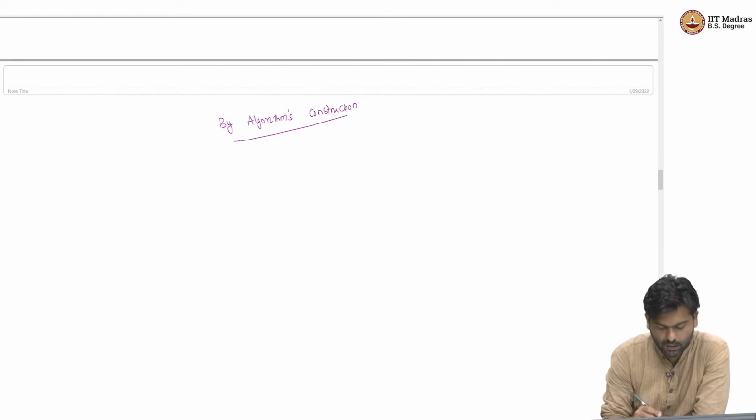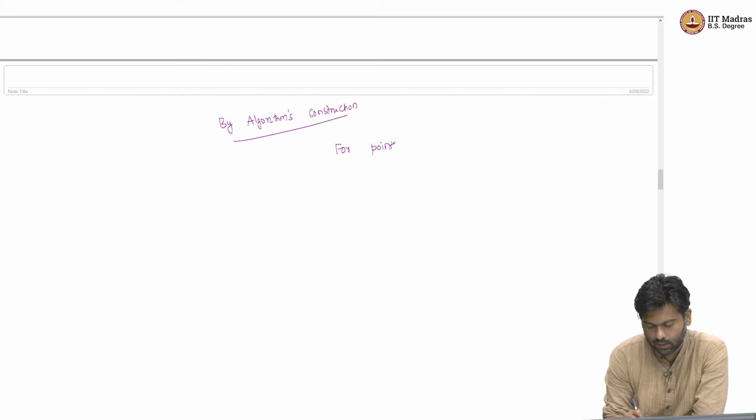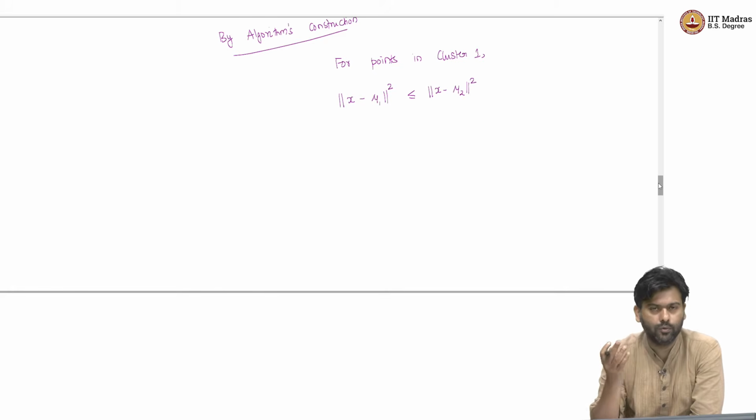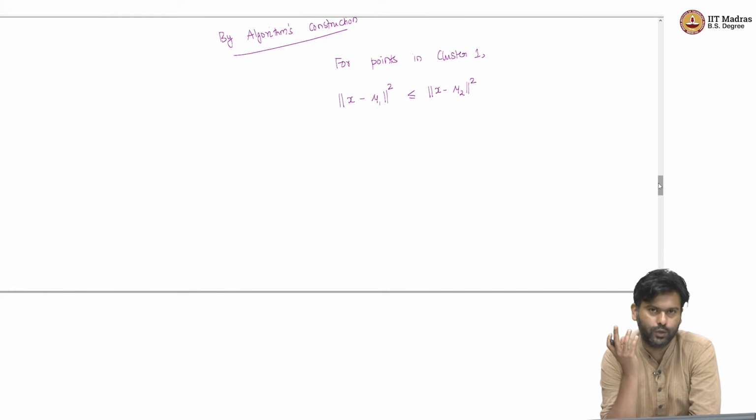So, for points in cluster 1, x minus mu1 squared is less than or equal to x minus mu2 squared, where x is of course a generic point in cluster 1.